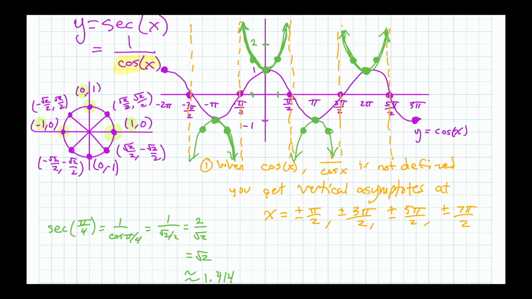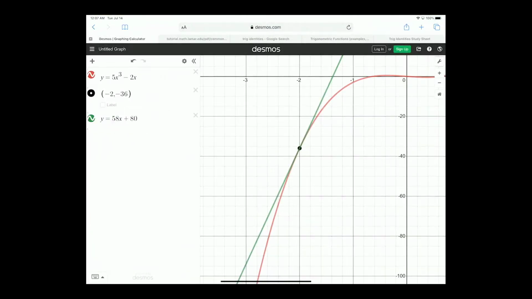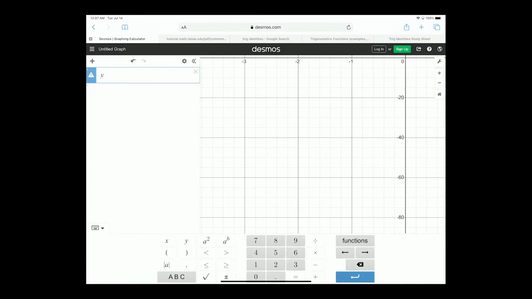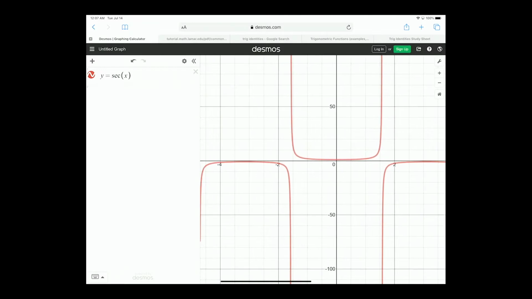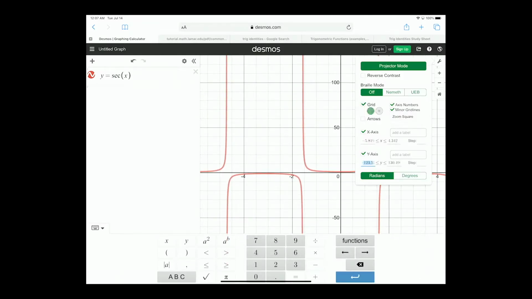So you can easily get this graph on Desmos or something online. So like go to Desmos, clear. I'm going to need to reset my axes here. But if I go y equals secant x, then that looks weird, but it's because the scale goes up to 130.